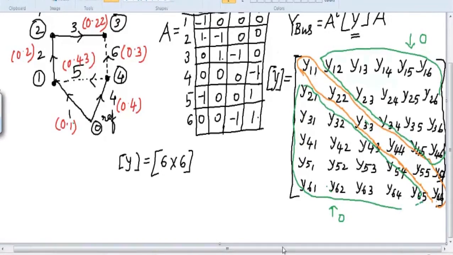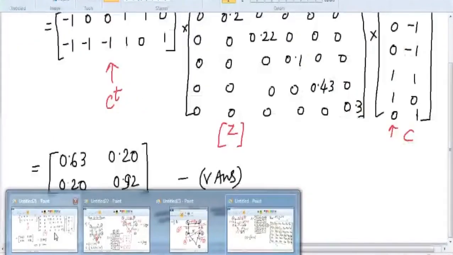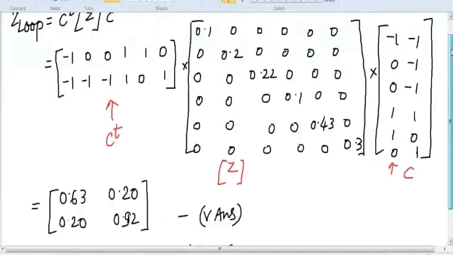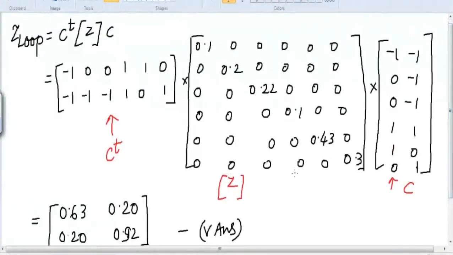I will go back to the matrix where we calculated Z. In this Z portion, you have these values in the diagonal part: 0.1, 0.2, 0.22, 0.1, 0.43, 0.3. To find Y, you have to take the inverse of this matrix, and the inverse of such a matrix is very simple, because the upper triangular is 0 and the lower triangular is 0. So 0 inverse will be 0 itself.